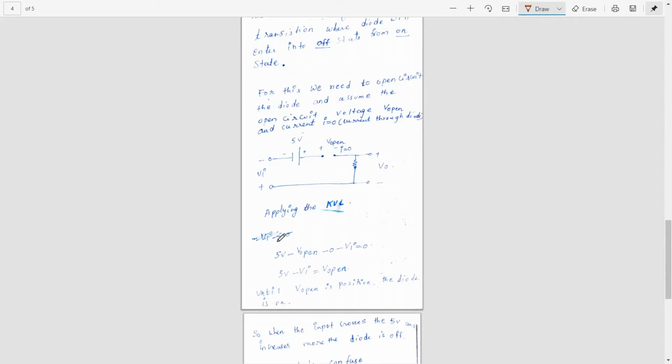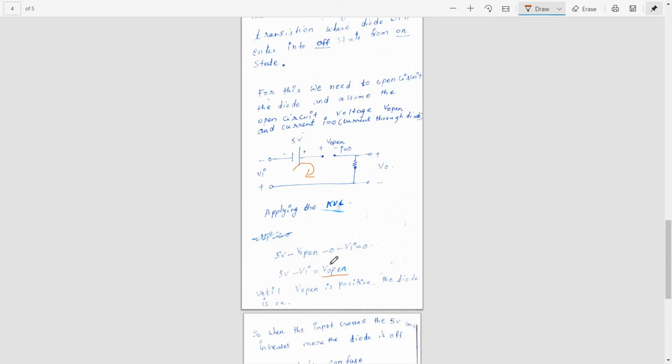By applying the KVL, 5 volt minus V open minus 0, because no current is flowing through the circuit, so minus 0 volt, this V naught will be 0 volt, minus Vi is equal to 0. So 5 volt minus Vi is equal to V open.